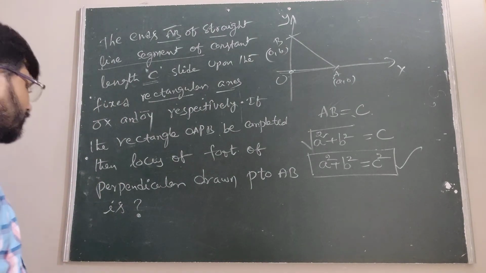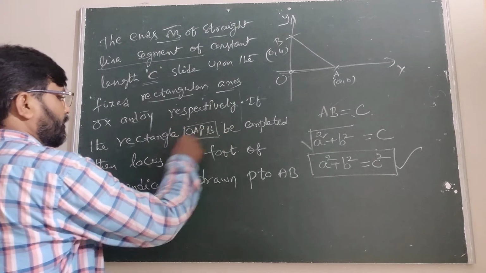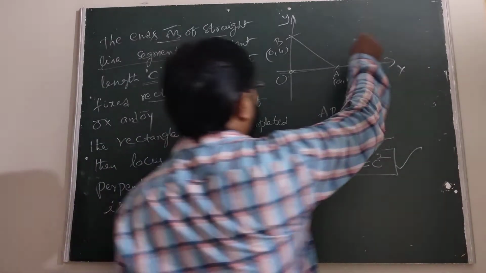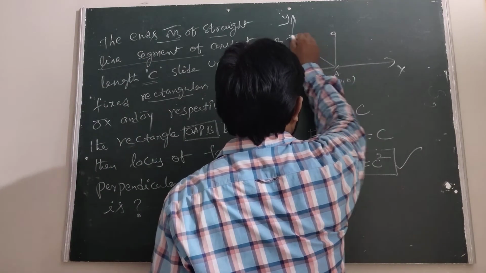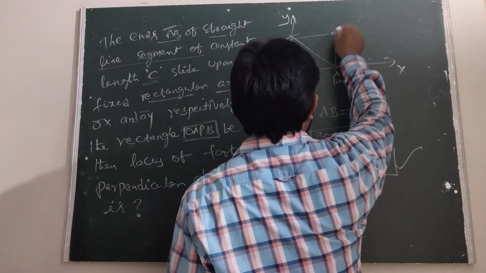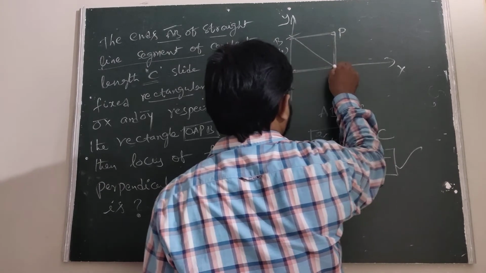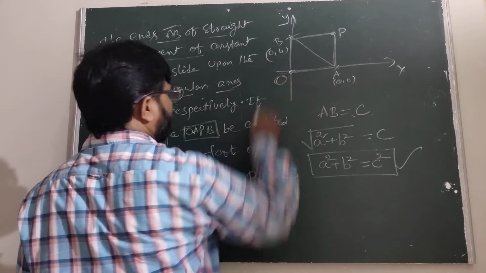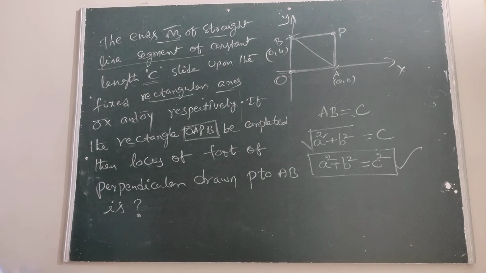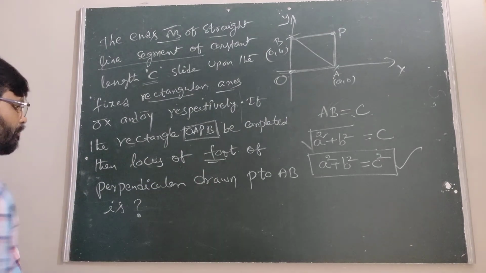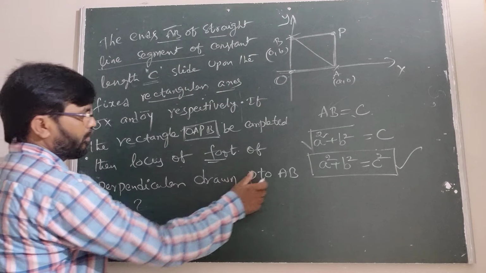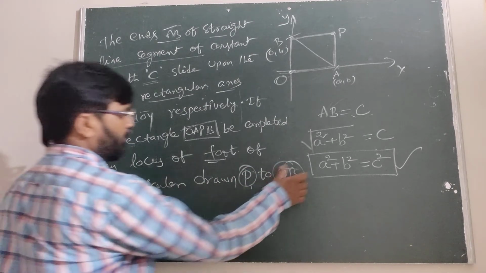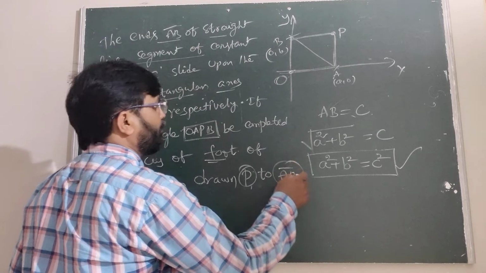Now, the rectangle OAPB is completed. Now the locus of the foot of the perpendicular drawn from P to AB.